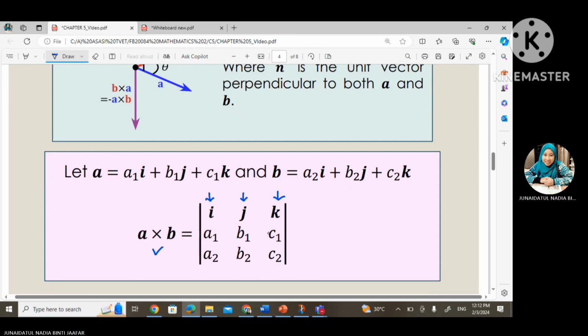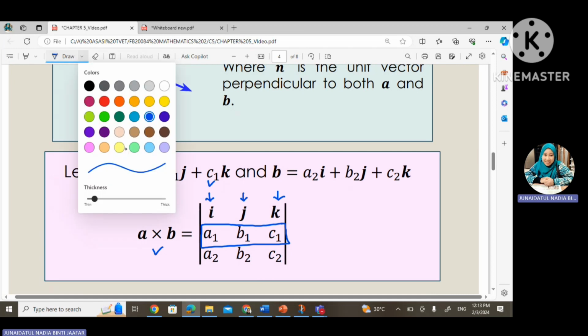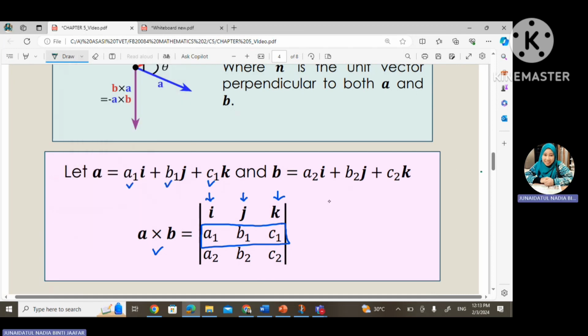And then for the next row, we write the values of vector A: A1 for column i, B1 for column j, and C1 for column k. And for the last row, we substitute the values for vector B: A2 for column i, B2 for column j, and C2 for column k.